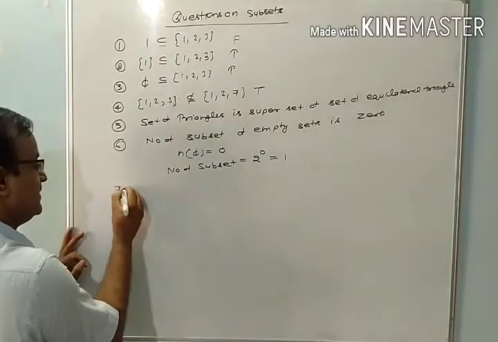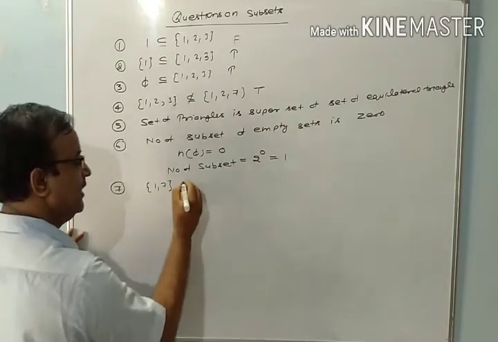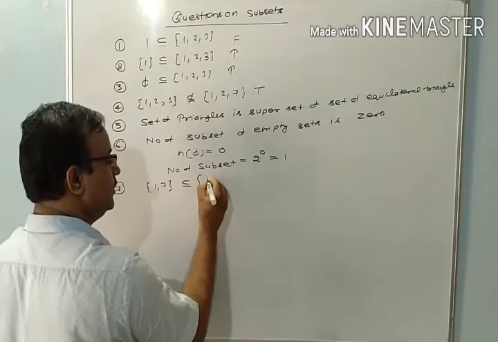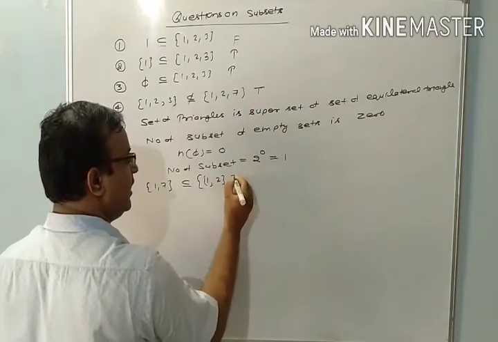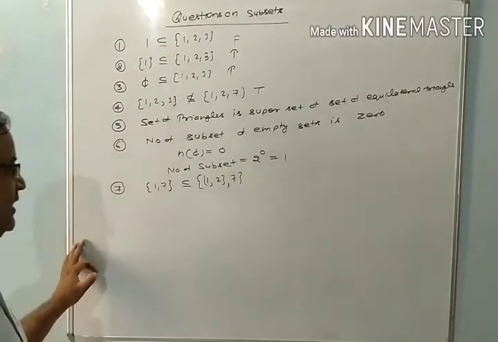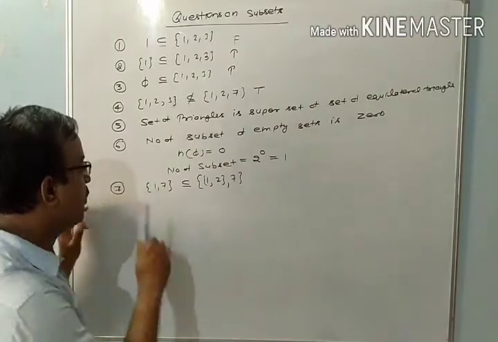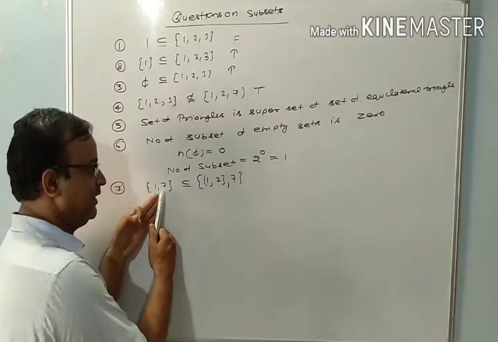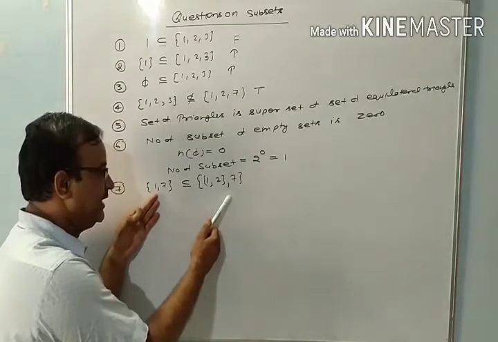Now, question 7: {1, 7} is a subset of {1, 2} and 7. We have to check whether it is correct or not. No, because {1, 7} is not a subset of this set. Clear?